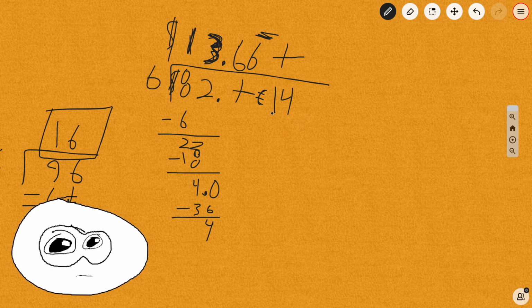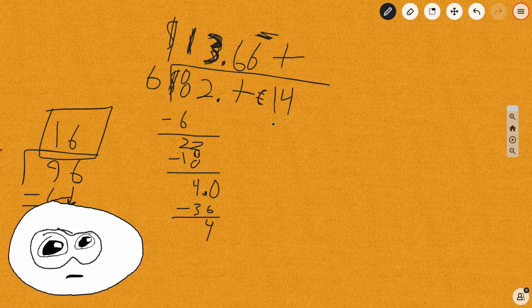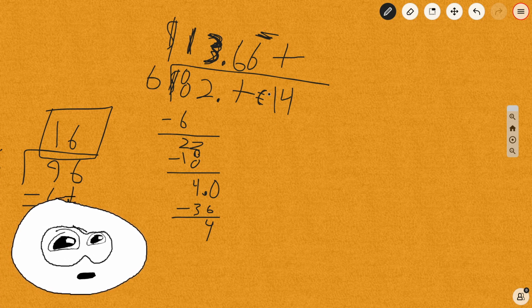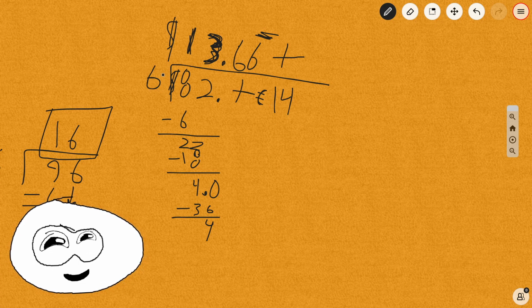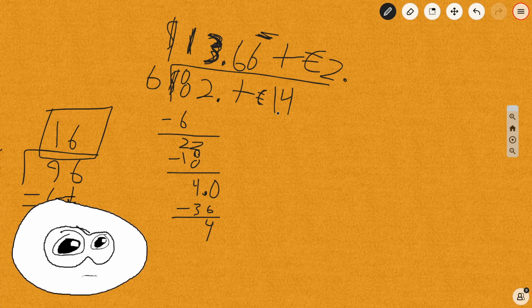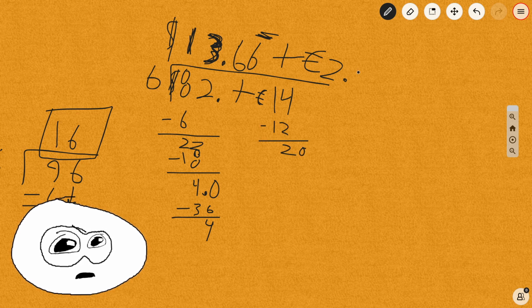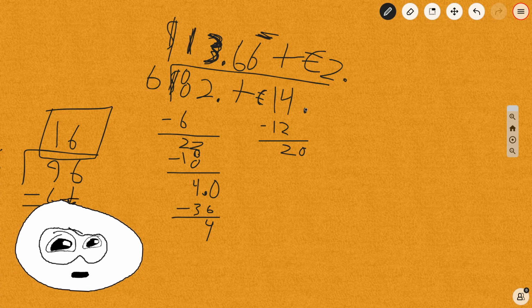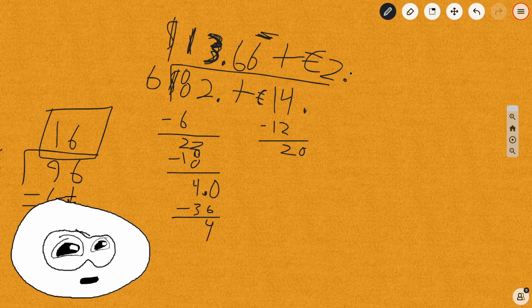And then you got 14 divided by 6. How many times is 6 going into 1? None. About 14. Well, at least 2. So it becomes 12. And then you get 20. And then here's where we get into the decimals again.